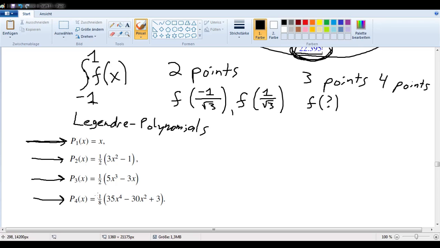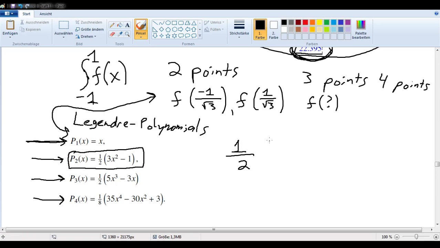And you can derive all of these. But let's see what the connection is between these polynomials and these points here. Let's take a look at P2, because we had 2 points. That's 1/2 times 3x squared minus 1. Now I want to find the zeros of this.